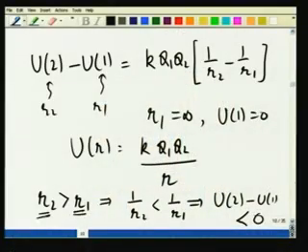The work is being done on the external body, the body that is keeping the charge in equilibrium when the charged particle Q2 moves from a point r1 to r2, which is when r2 is greater than r1. You are extracting work. U2 minus U1 is negative. Work done by me is negative. That means the work is being done on me. The force field is doing work on us.